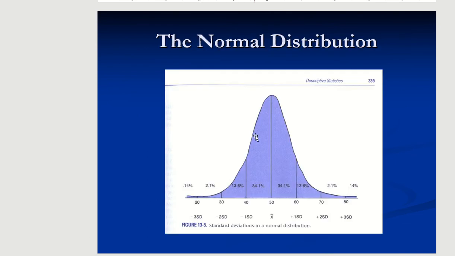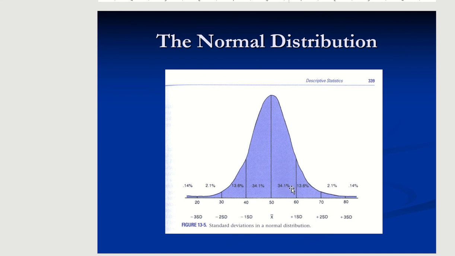Let me show you the graph. So here's a normal distribution. The mean x bar is 50. The standard deviation is 10. So going up 1 standard deviation, you get to 60, then 70, then 80. And if you go down 1 standard deviation, you go down to 40, 30, and 20. Okay? So this is saying that within 1 standard deviation from the mean, you capture 34.1%.